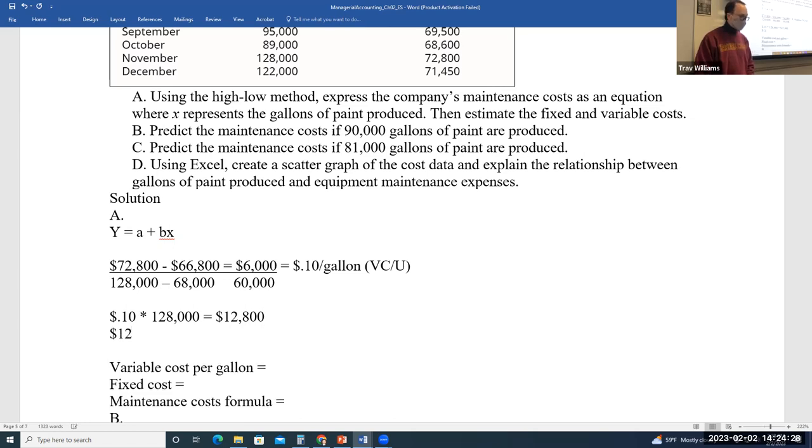We take the total cost of 72,800 for November minus our total variable cost that we just calculated, and that gives us a $60,000 total fixed cost.